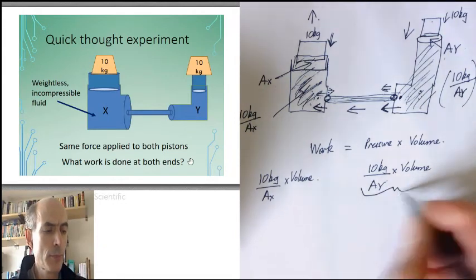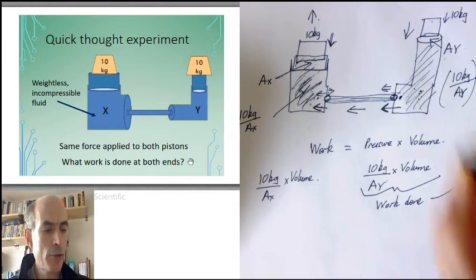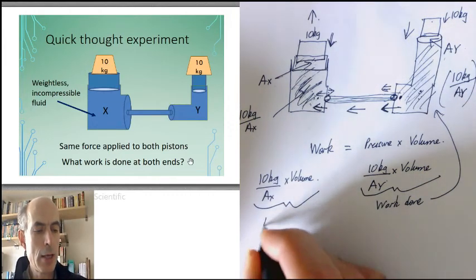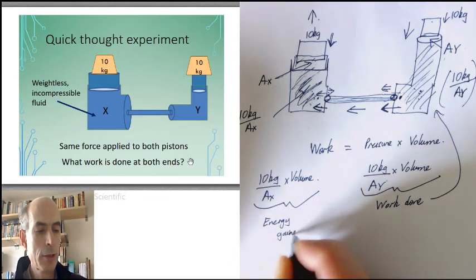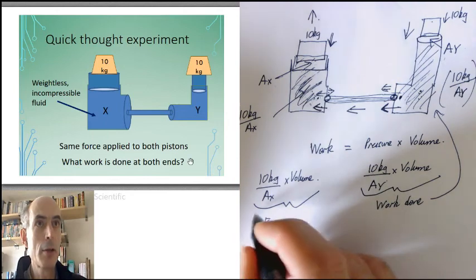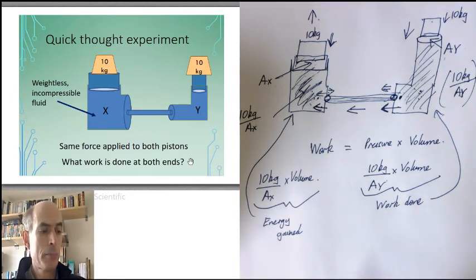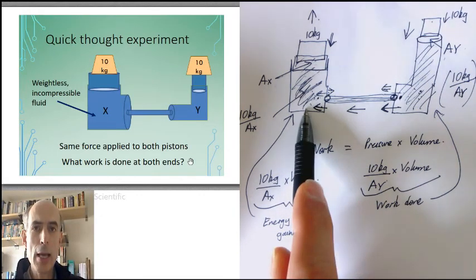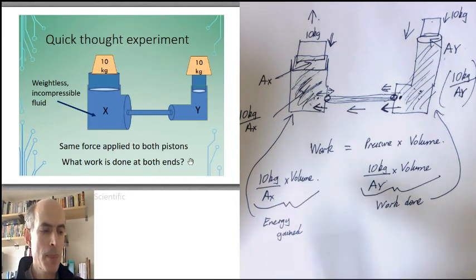So this is the work being done by this cylinder. This is the energy being gained, if you like, the negative amount of work being done by this cylinder. But the work being done by this cylinder is not equal to the energy being gained by this cylinder, because AY is not equal to AX.